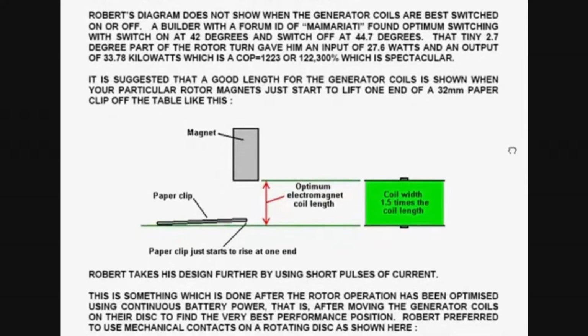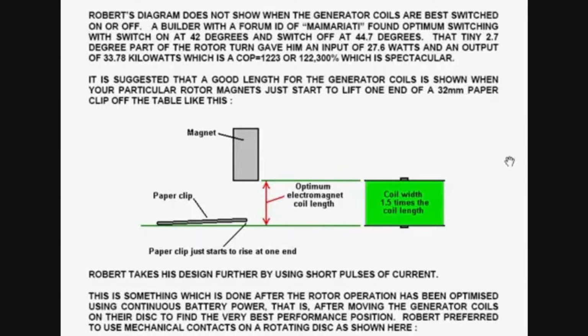Robert's diagram doesn't show when the generator coils are best switched on or off. A builder with the forum ID of Memiara found optimum switching would switch on at 40 degrees and switch off at 44.7 degrees.